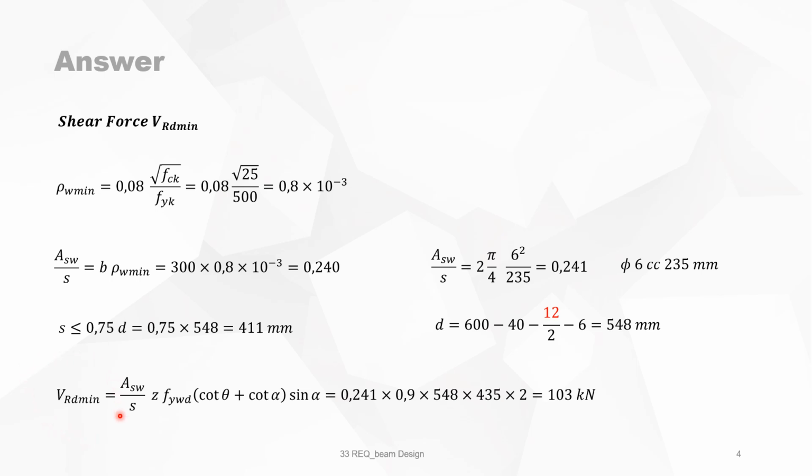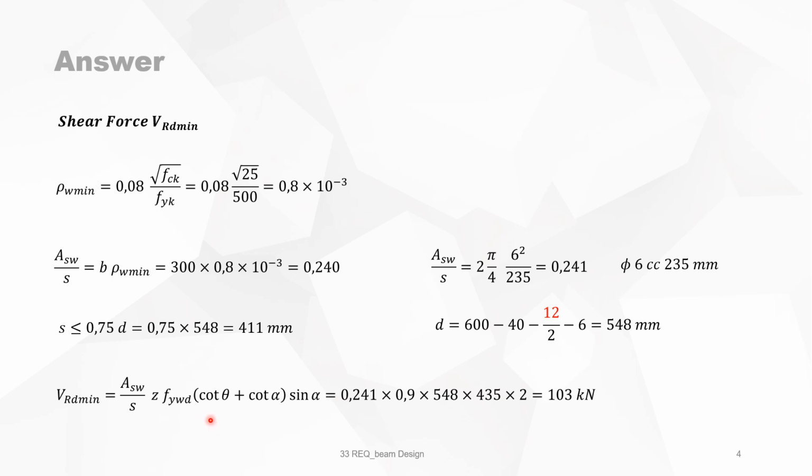The shear force that can be taken by the minimum shear reinforcement is then given by this formula. Alpha is 90 degrees because we are using vertical stirrups. So cotangent alpha is 0 and sine alpha is 1. And we take cotangent theta equal to 2.